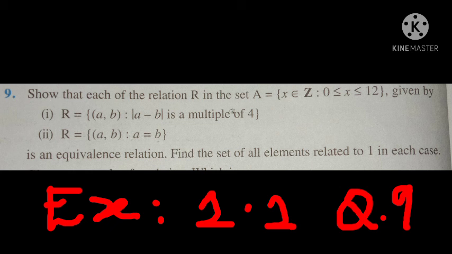One more question is there: find the set of all elements related to 1 in each case. Here I am going to discuss the first sub-question.